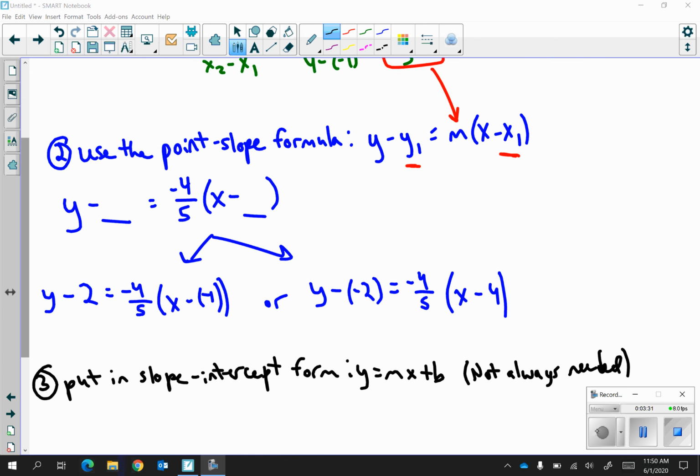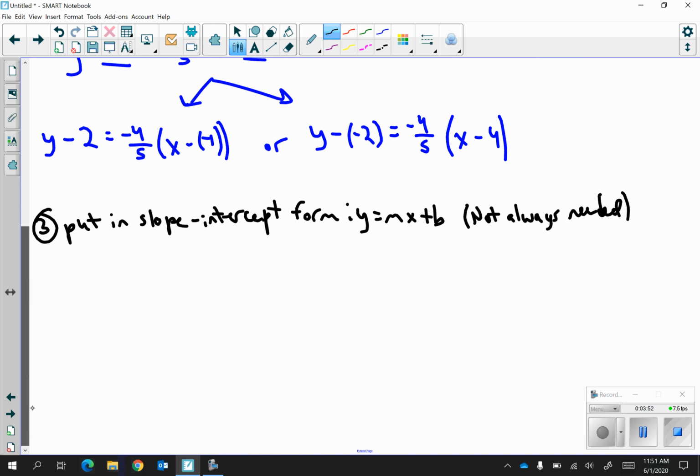So just a quick note on the difference between the point slope and the slope intercept formulas is that the point slope formula in the blue up here uses the slope and a coordinate, a point, whereas the slope intercept formula uses the slope and b is the y-intercept. So, I mean, the names are pretty self-explanatory.